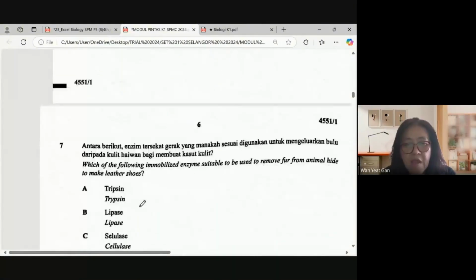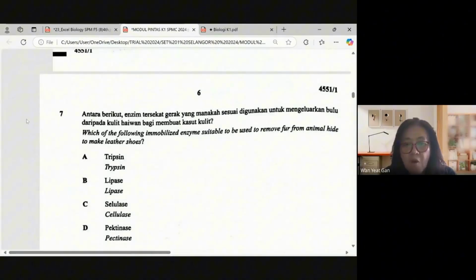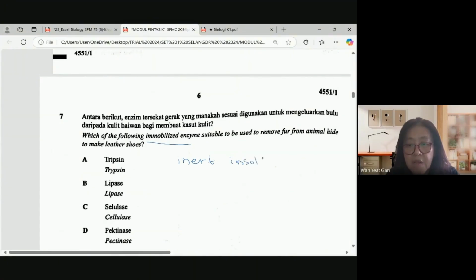Okay, next. Which of the following immobilized enzymes is suitable to be used to remove fur from animal hide to make leather shoes? Immobilized enzymes are enzymes that we combine with inert, insoluble substances, such as alginate beads.